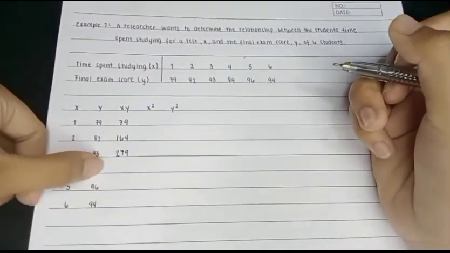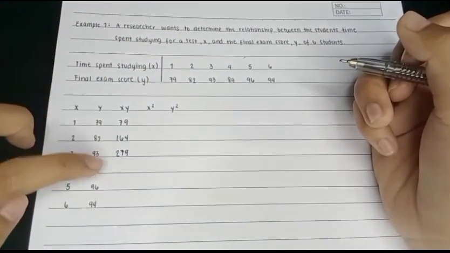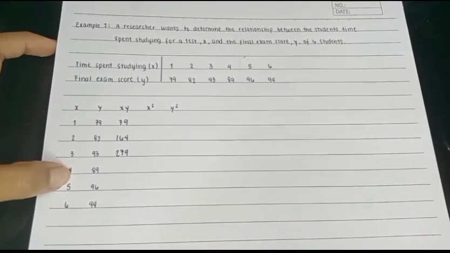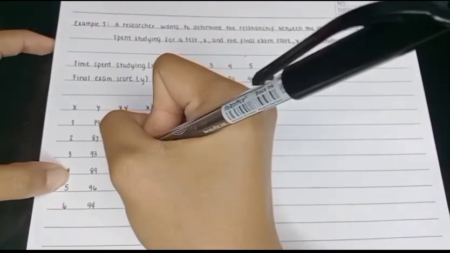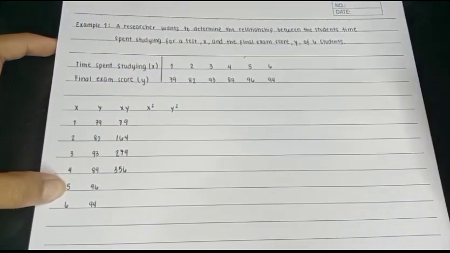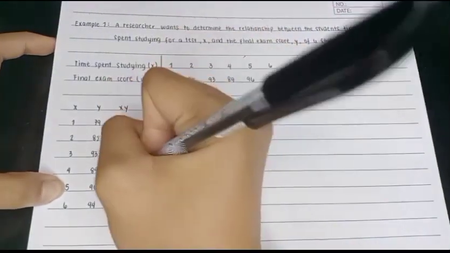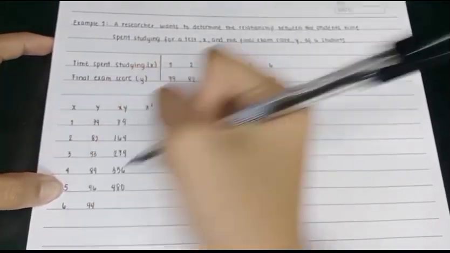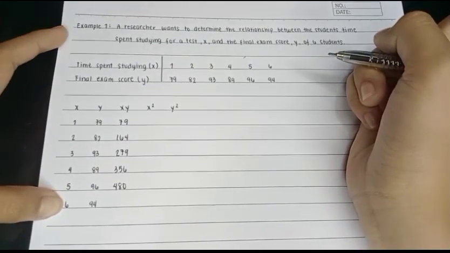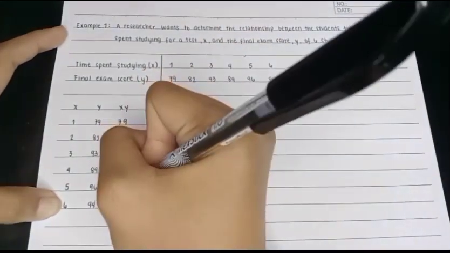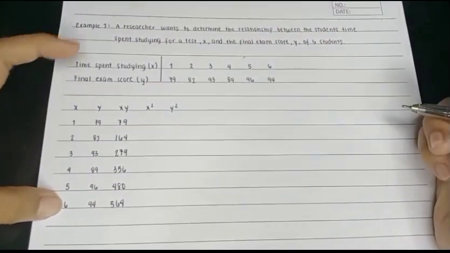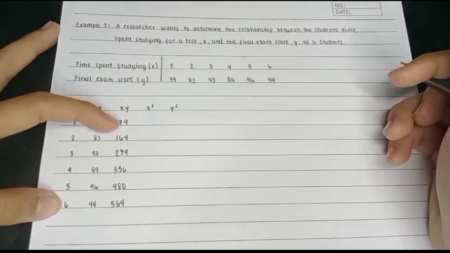Then, we do the same for the others. 4 times 89 is equal to 356. 5 times 96 is equal to 480. And last is 6 times 94 is equal to 564. So, that's it. We are done getting the values of xy.